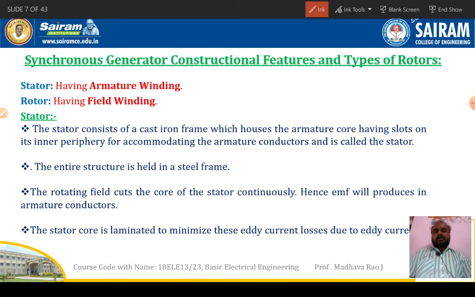Next, first we will see the stator, and then we will see the rotor and the different types of rotors used in the synchronous generator. The stator consists of a cast iron frame which houses the armature core, having slots on its inner periphery for accommodating the armature conductors, and it is called the stator.